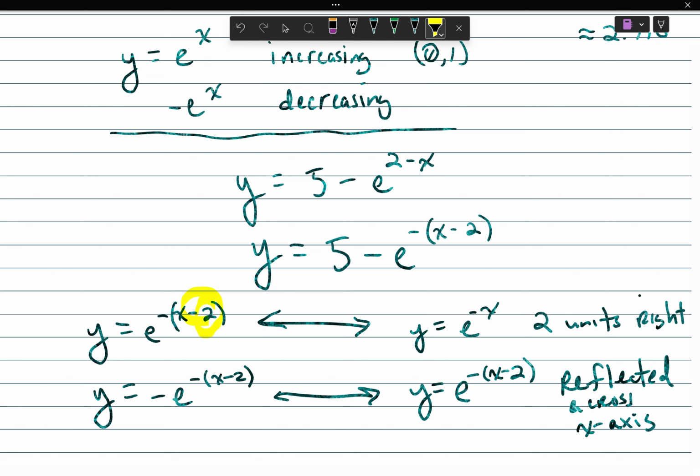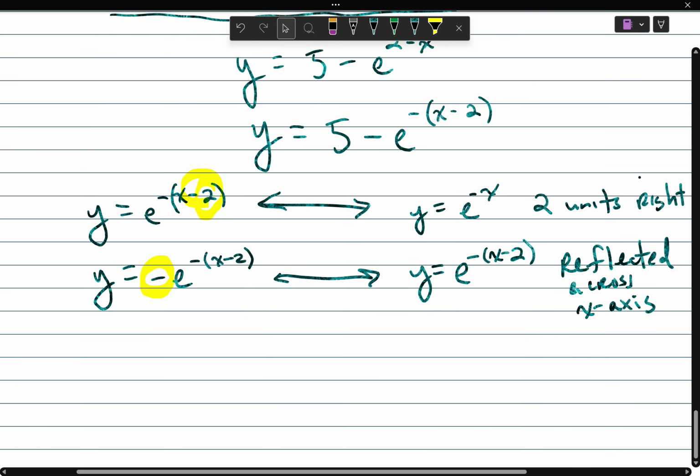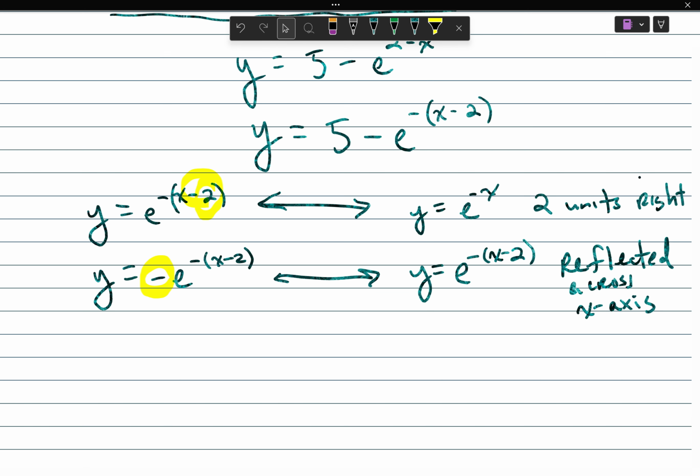And how do we see this? We see it because of that sign in front of our function. If you recall the different transformations, that sign in front of the function being negative shows you that it's a reflection across the x-axis.